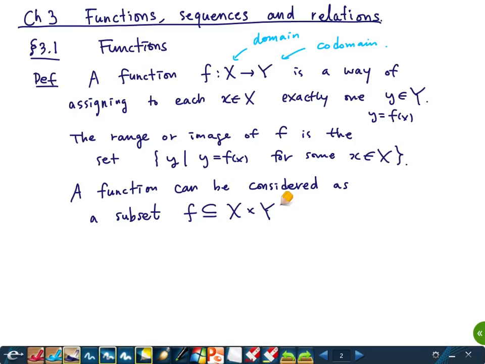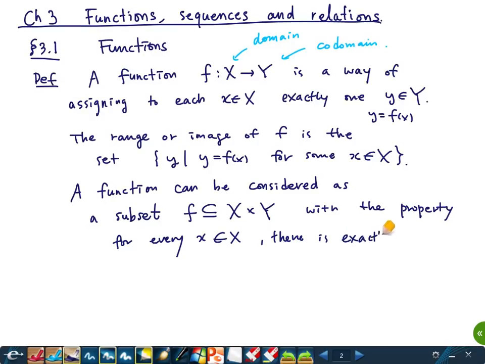But not every subset, only one with the property that for every x, there is exactly one y with this condition: x comma y is in f.